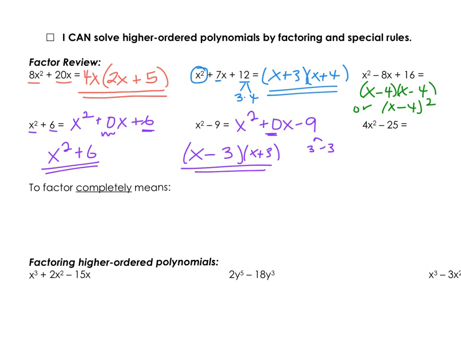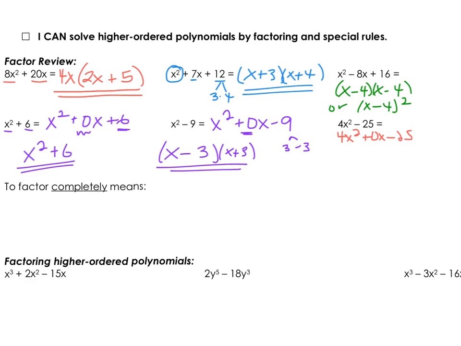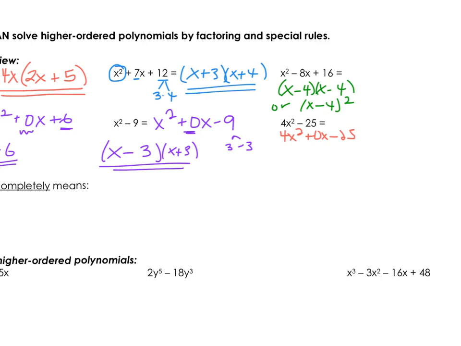Now it gets a little trickier with that 4x squared minus 25. Here if we add that 0x in the middle, we would have 4x squared plus 0x minus 25. I'm going to have to slide this over so I have a little bit more room to work. There we go. The a value is 4, which means we have to do a times c. 4 times negative 25 is negative 100.